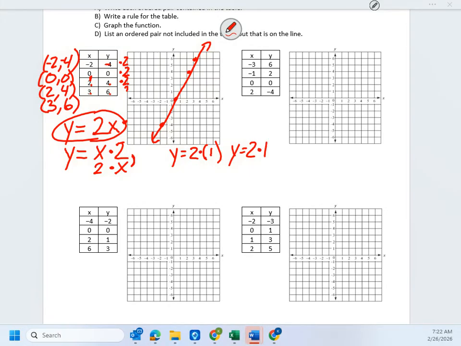Just like when it's right next to a variable, when it's right next to the parentheses, it means to multiply. So these are just those invisible math symbols that we need to recognize. So 2 times 1 is 2. So if my x is 1, my y is going to be 2.